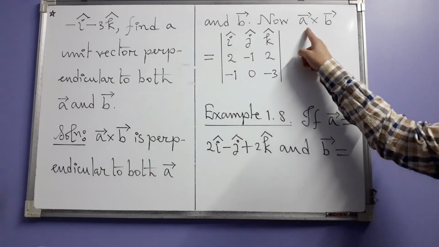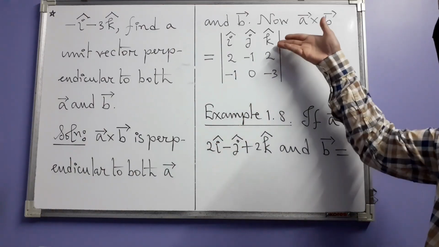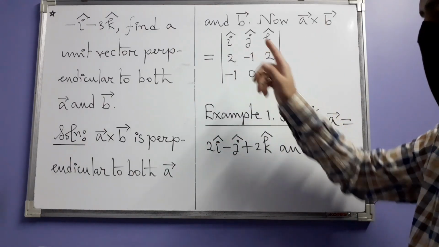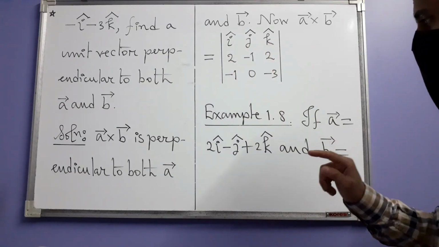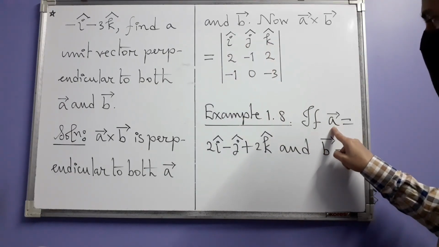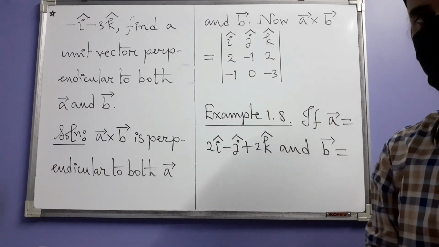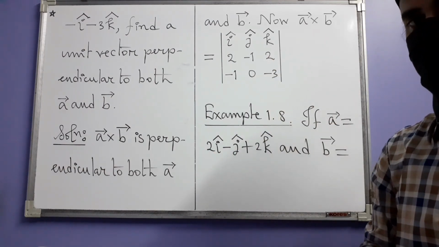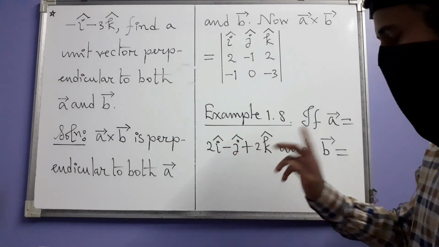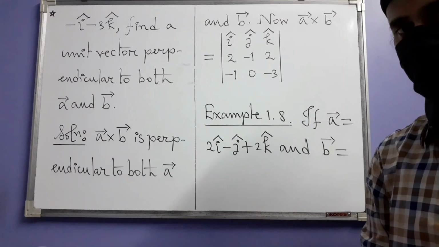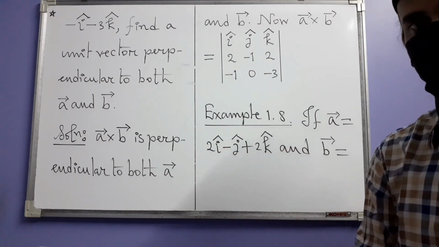So let us first calculate the vector product of a and b, which by property 4 is this. Here in the first row you have i hat, j hat and k hat. In the second row you have the coefficients of a: 2, minus 1 and 2. Actually you can also say the components of a in the directions of i hat, j hat and k hat, because keep in mind that these are orthonormal vectors.